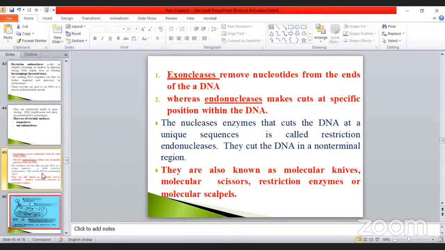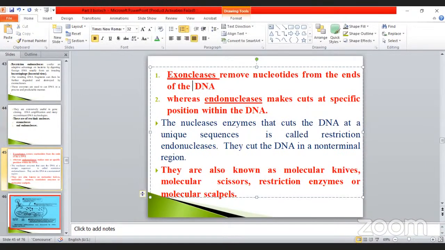Don't forget: exonuclease removes nucleotides from the end of the DNA molecule. That is very, very important. Take an example.